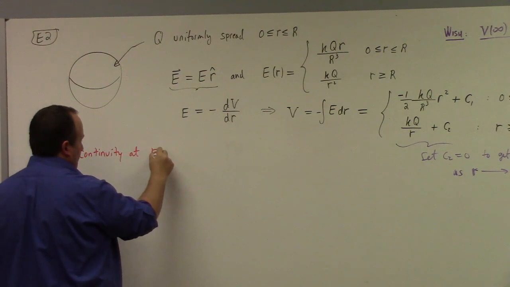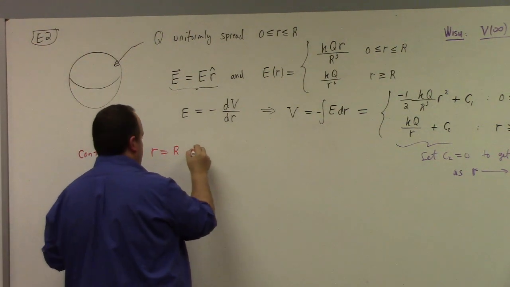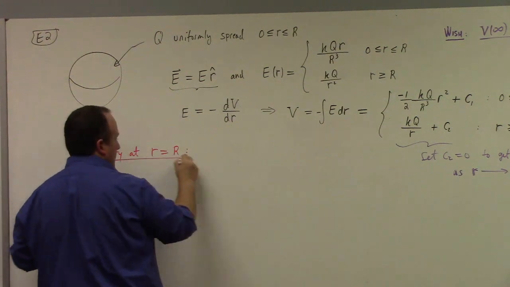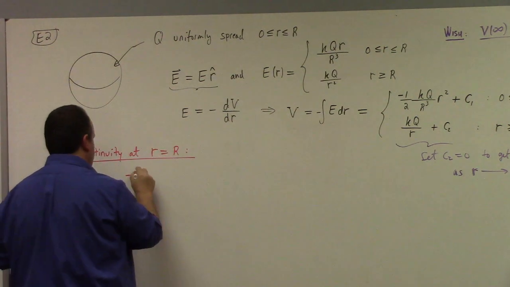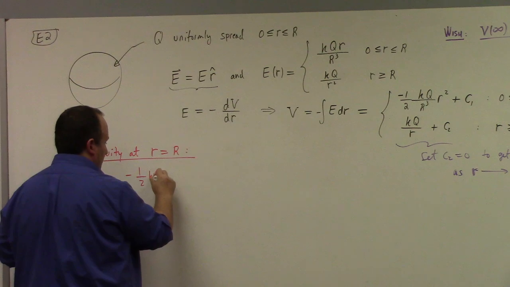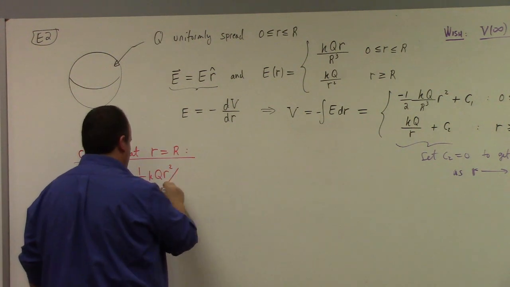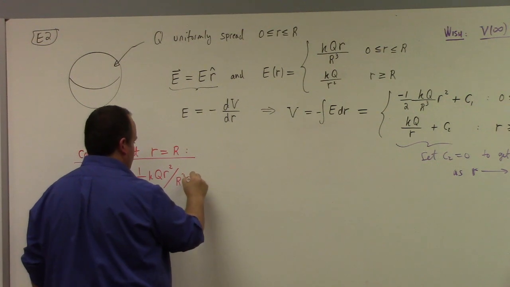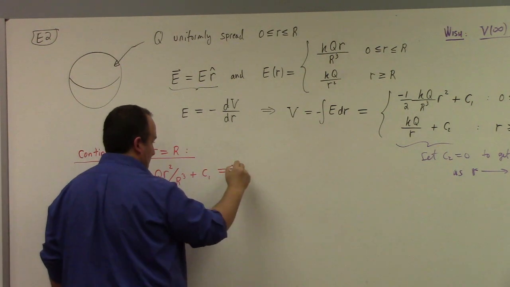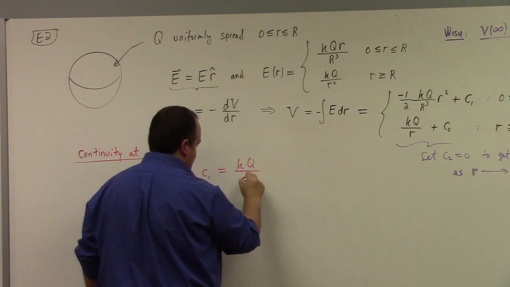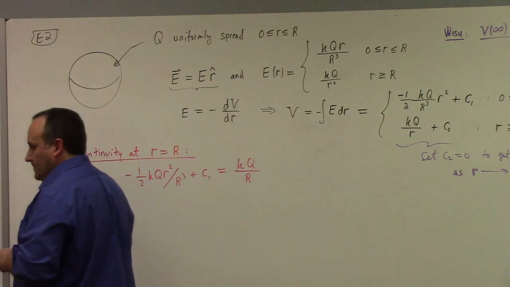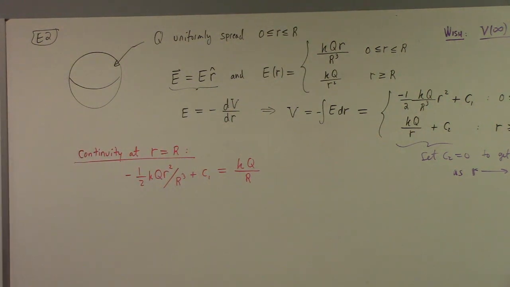Continuity at r equals big R. What's that tell us? That tells us that minus 1/2 kQ r squared divided by big R cubed plus C1 is equal to kQ over big R. So what does our constant have to be?